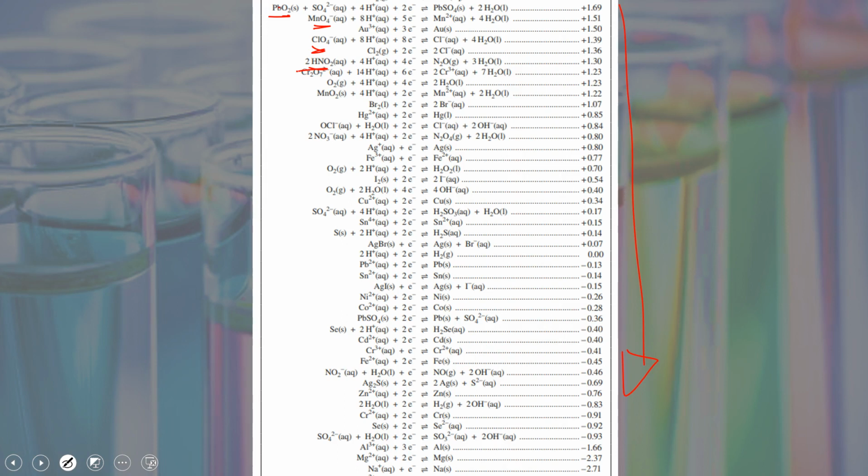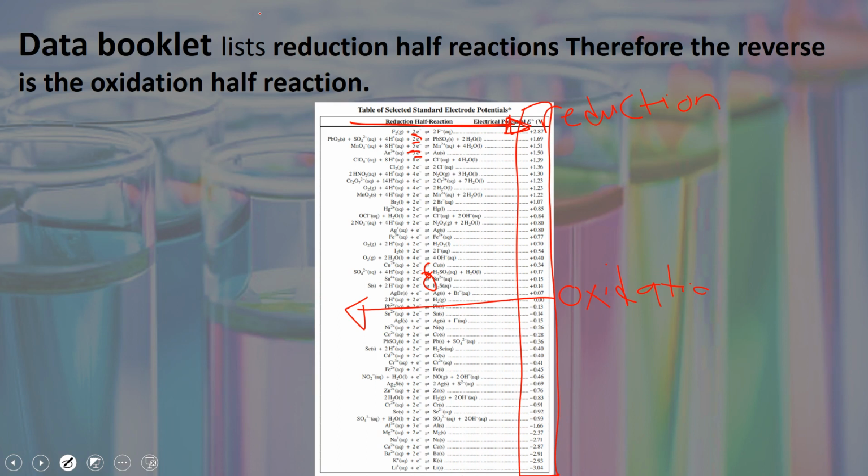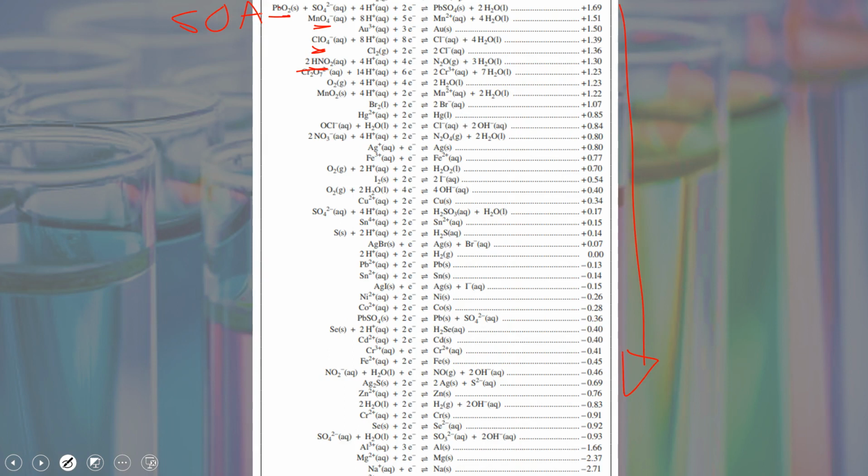OAs. So at the top of my table in my data booklet, I'm going to put that this is the SOA up at the top. That's where all the strong oxidizing agents hang out. The strongest oxidizing agent then, according to my table, is what? That's top left.